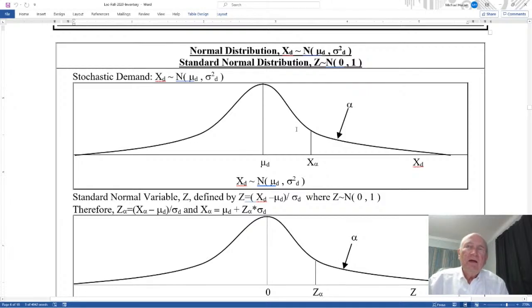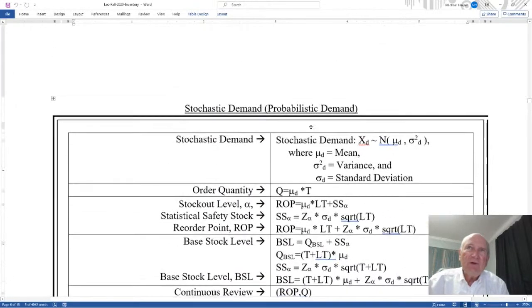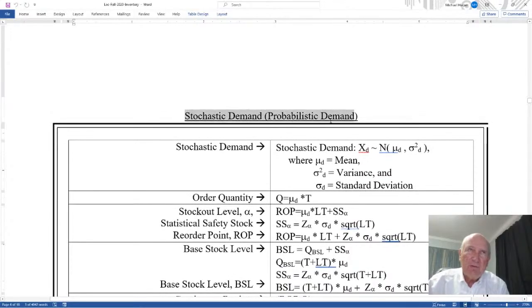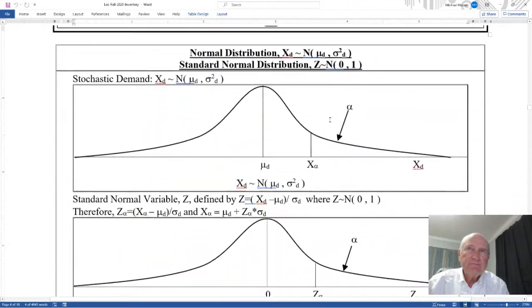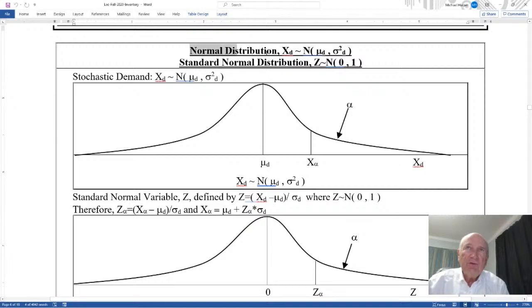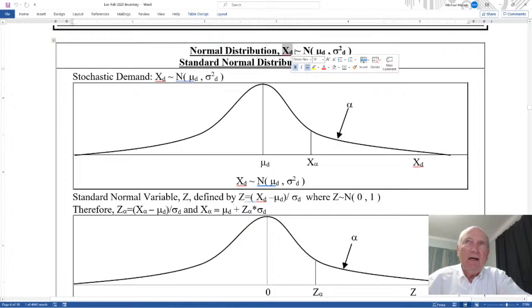Okay. Now, when you have something called a stochastic demand, which is probabilistic demand, I'm going to look at the normal distribution, just a bell curve. So the idea here is that X is a demand, and this notation here will be used a lot. I'll use it a lot, and it is used a lot. It's classic. It's traditional.